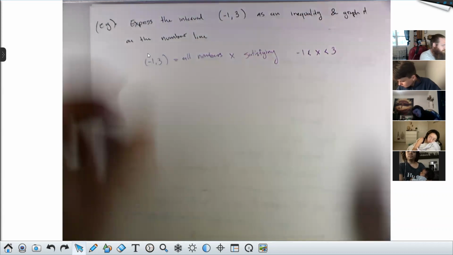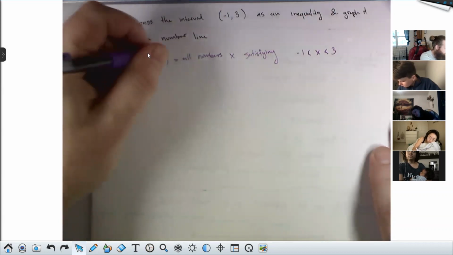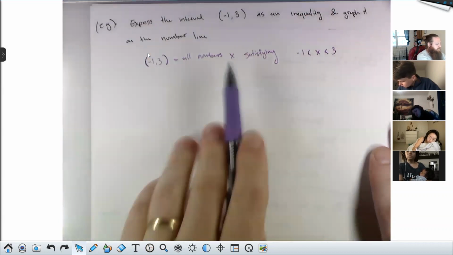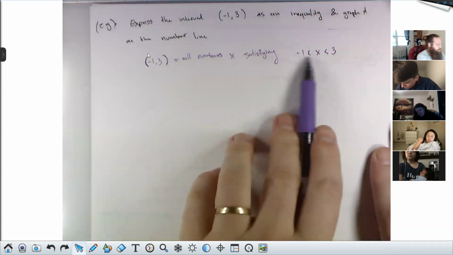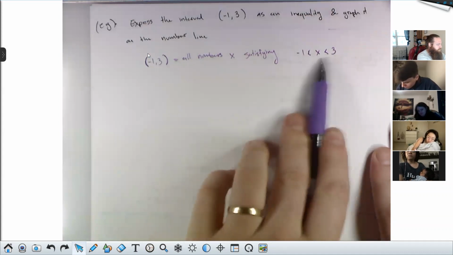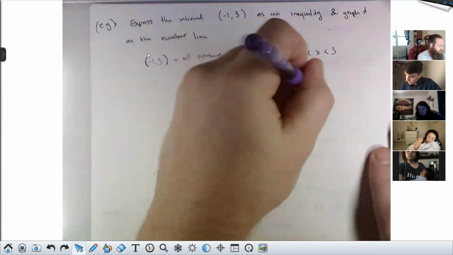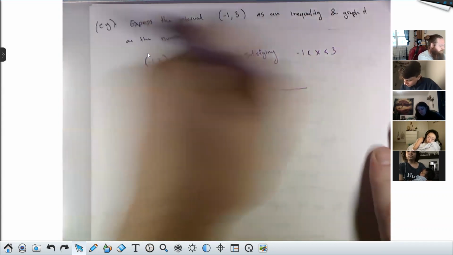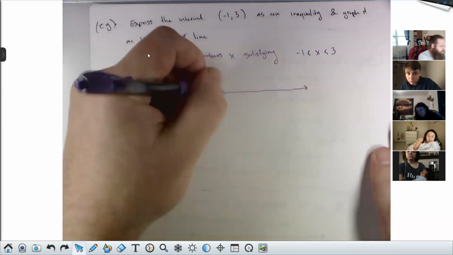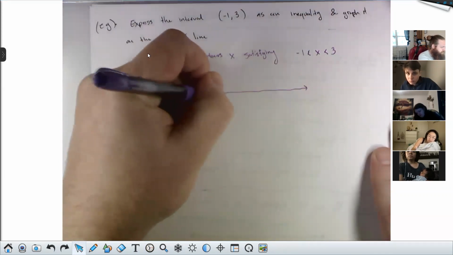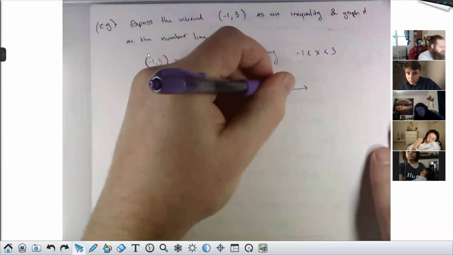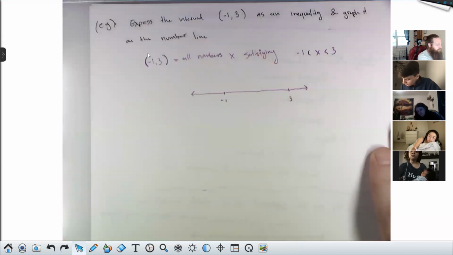So when I say I'm looking at the open interval from -1 to 3, that means I'm looking for all the numbers that are both strictly bigger than -1 and strictly smaller than 3. Sorry, strictly bigger than -1, I think I said 1 there. So on the number line, put -1 over here. Let's say 3 is over here.